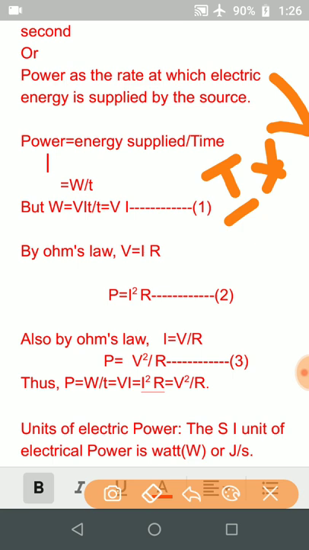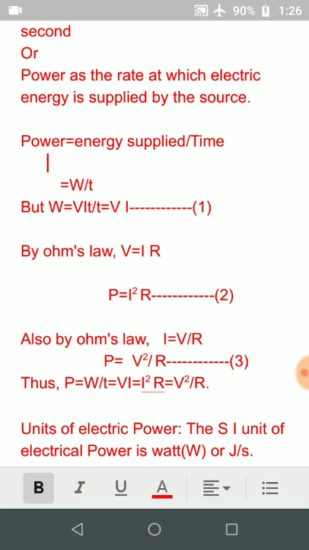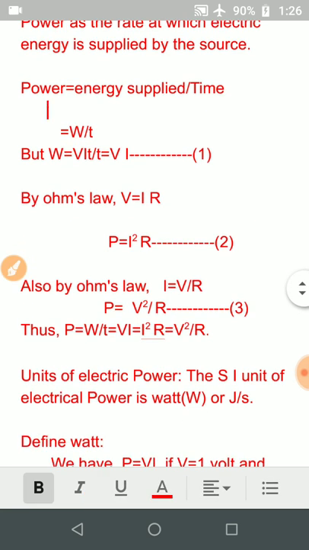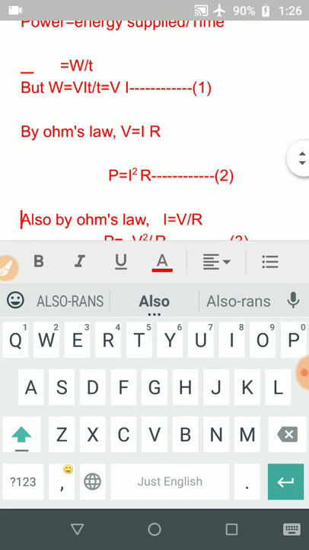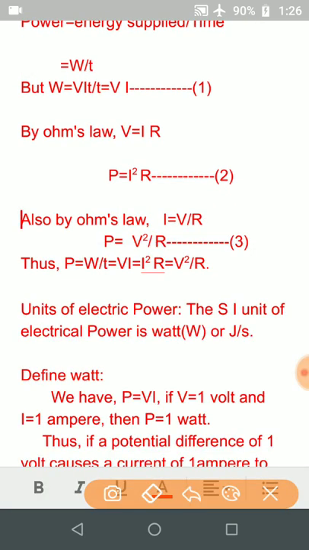Now the formula, that is power is equal to energy supplied by time, that is W by T. We have W is equal to VIT, substitute here, then T and T get cancelled, V into I. So this is the first formula for power. Power is equal to VI.